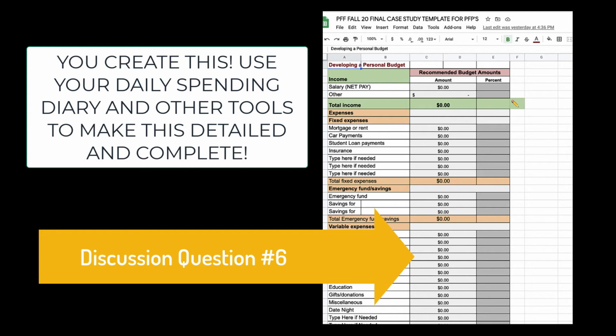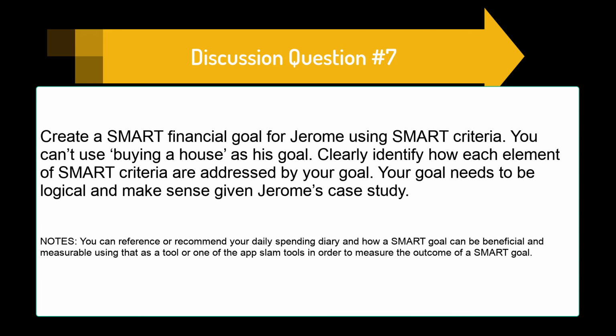That means you'll have to go in and tweak his budget, detail some line items, allocate all monies, and if you have some money left over, that might be where you want to transition into your SMART goal, which brings us to the final discussion question 7.